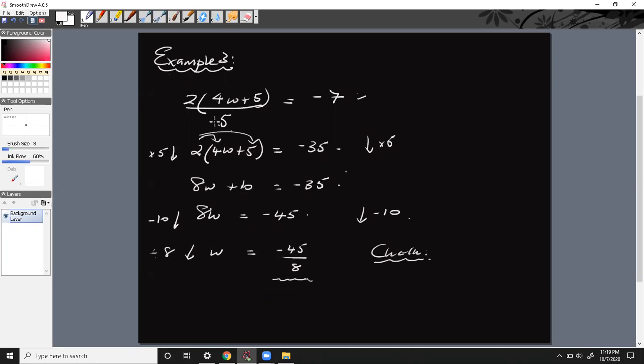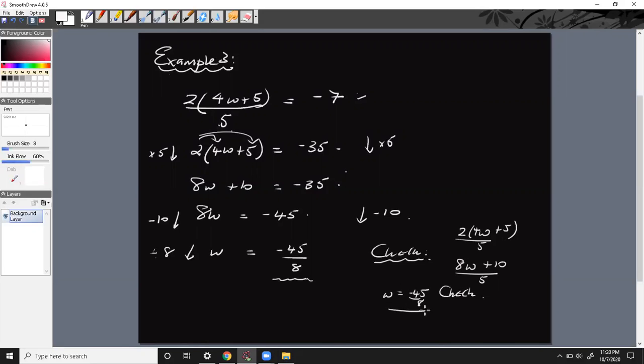It's probably going to be easier if instead of having 2 bracket 4w plus 5 over 5, that you have 8w plus 10 over 5, and you use your value, w is minus 45 over 8, to check.